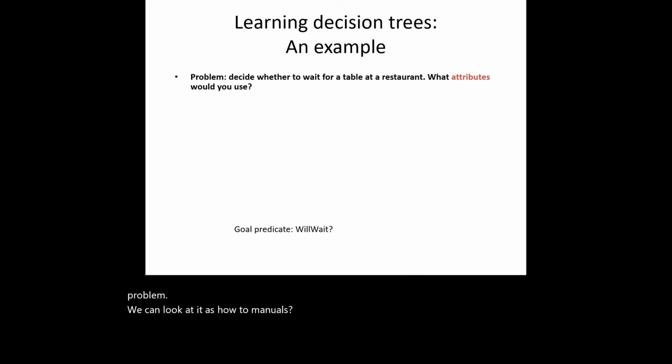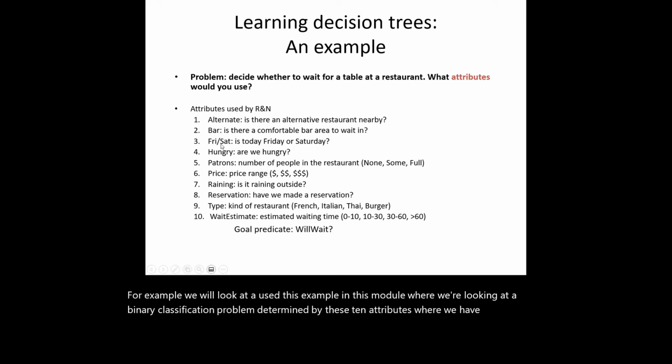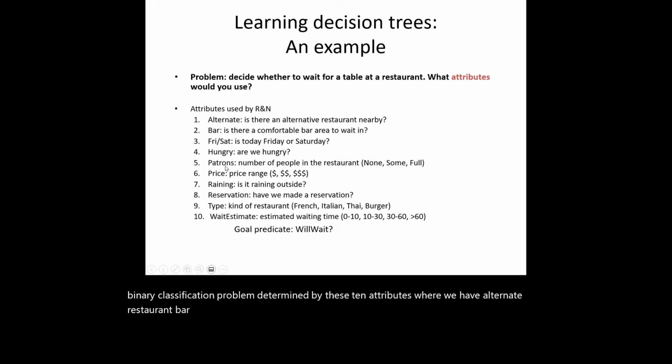So, given example data, how can we learn, given that there could be many possible decision trees? How can we learn the best one? For example, we will use this example in this module where we are looking at a binary classification problem determined by these 10 attributes: alternate restaurant, bar, Friday, Saturday, hungry, patrons, price, raining, reservation, type, weight estimate.